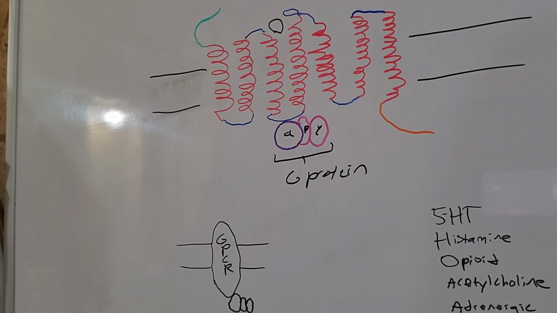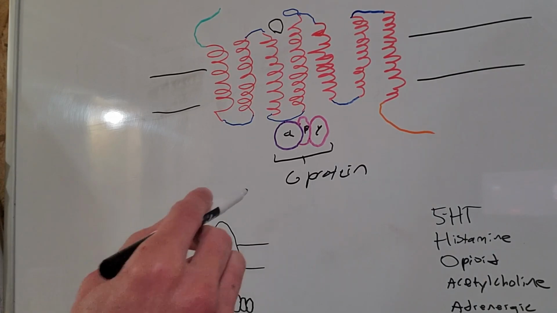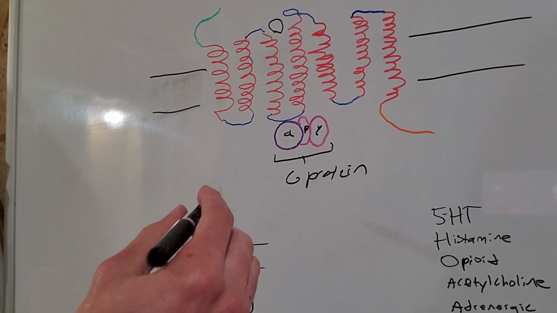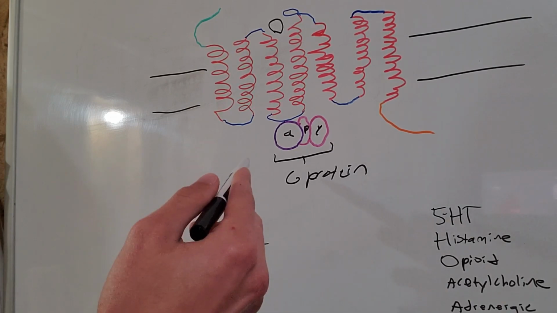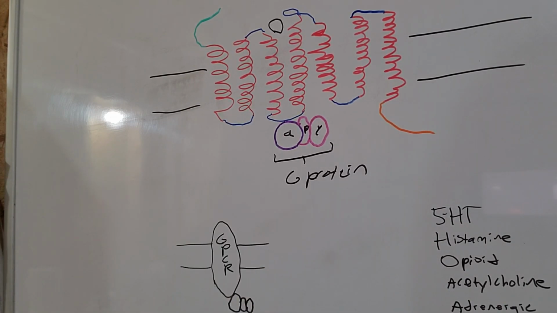Now, in the case of GPCRs, what that usually means is it exposes residues on the protein, a residue being an amino acid, and that results in some sort of intracellular change.